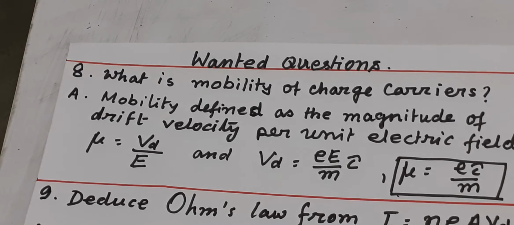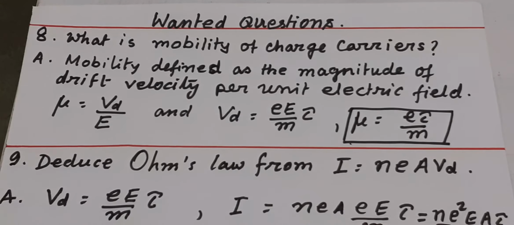What is mobility of charge carriers? Mobility is defined as the magnitude of drift velocity per unit electric field. That is, mu is v suffix d divided by capital E. And v suffix d, we already know, is small e big E divided by m into tau.